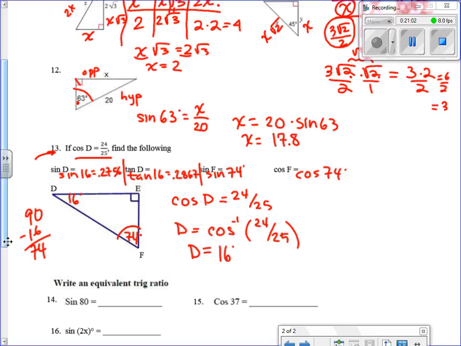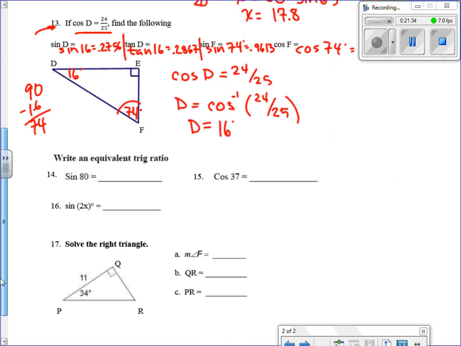The sine of 74 now is going to be 0.9613. And the cosine of 74 is going to be 0.2756. All right?